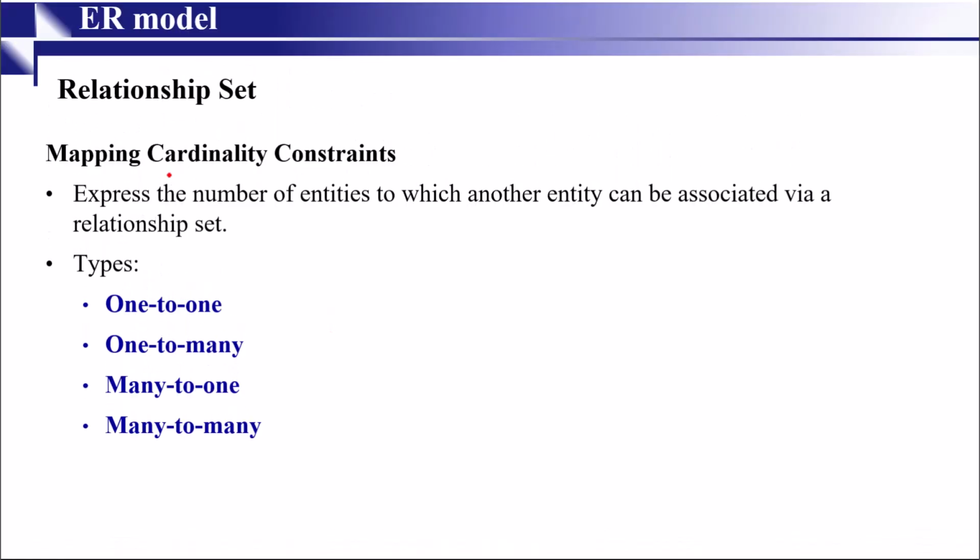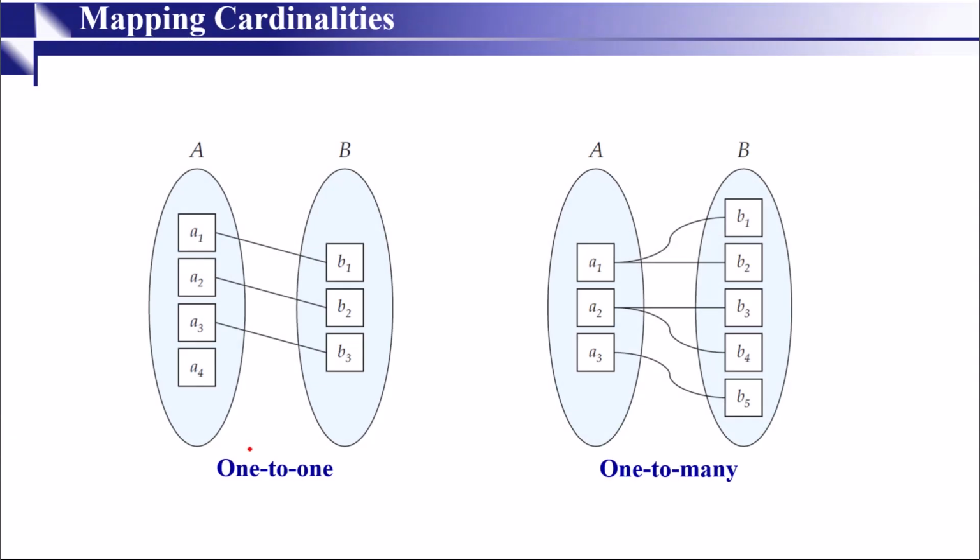Cardinality constraints define how entities relate. These cardinality constraints express the number of entities to which another entity can be associated with a relationship set. For a binary relationship set, the mapping cardinality must be one to one, one to many, many to one, and many to many. So here we can see different cardinality types.